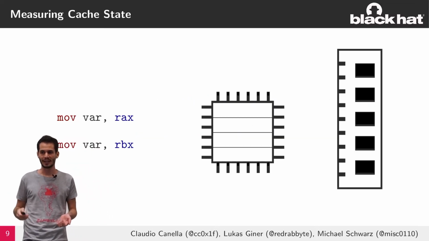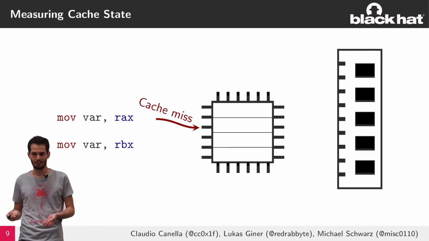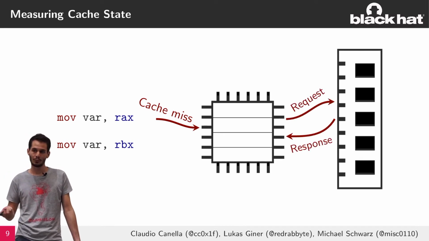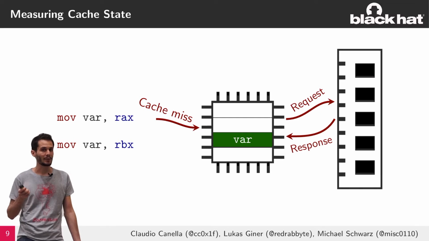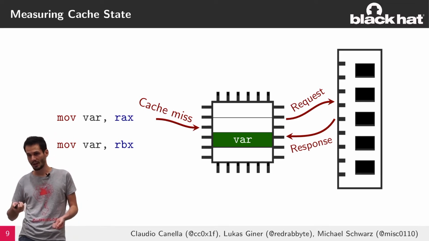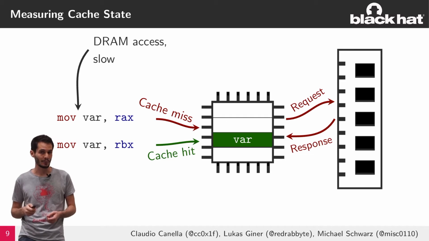Let's have a look at an example. We access a variable and try to load it into a register. The first time we try this, the CPU will have a miss. It will have to load from RAM, we'll get a response, and it will be cached at that point. Sounds slow. Yeah, and the next time we try this, we get a cache hit, and that'll be much faster.